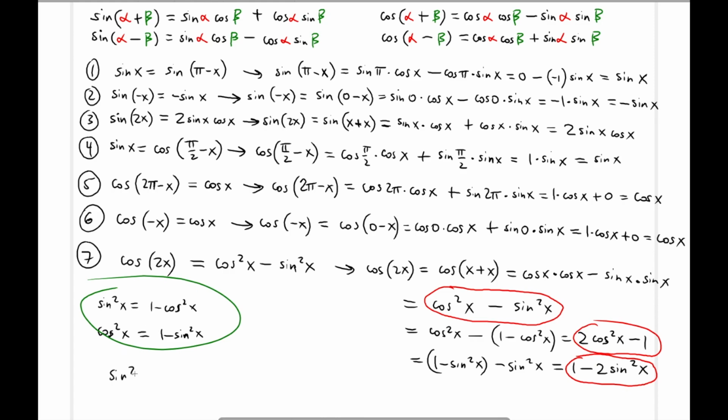I get it from the primary identity, sine squared x plus cosine squared x is equal to 1. So recall that this is a powerful formula from which these 2 are being derived, right? You're just rewriting, solving this for sine squared or solving this for cosine squared. And then using that here to make sure that you can actually write cosine of the double angle in 3 different ways that are very powerful and useful in your real-life application problems.